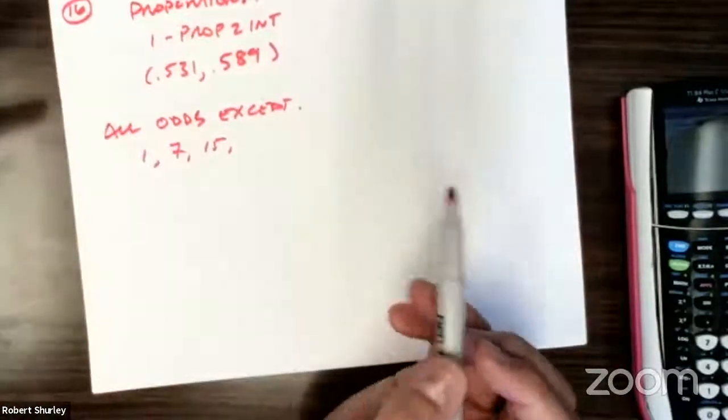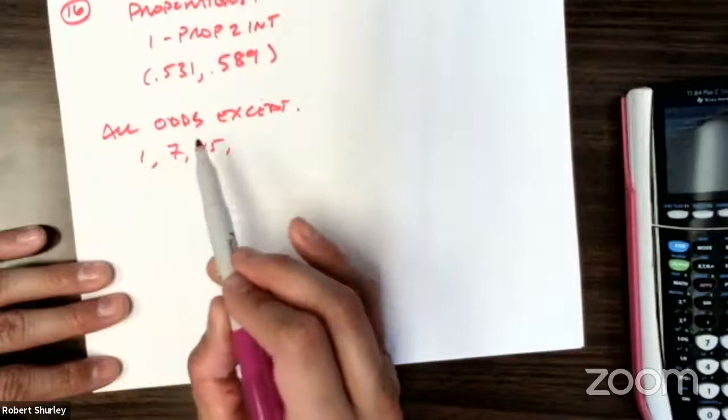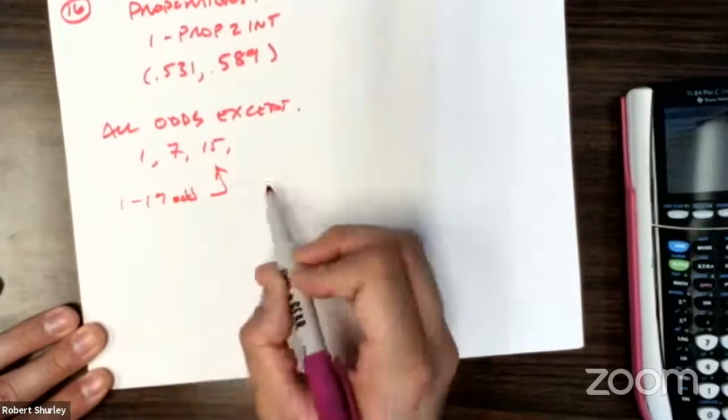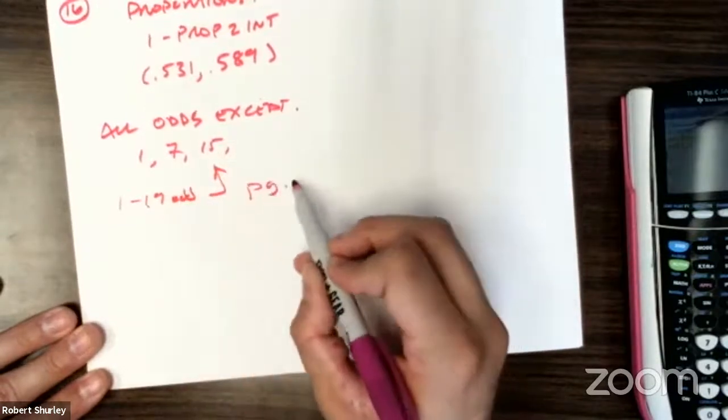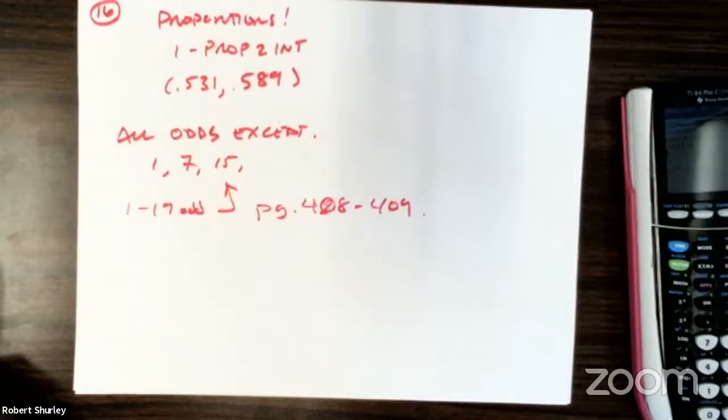So it's only 1 through 19. Okay, it's not that many. 1 through 19, but do not do 1, 7, and 15. So 1 through 19 odd, except these. Now it's on page 408 to 409. Okay, and I'll tell you, this is just a really good review. 4, 8, 1, 2, and 3.